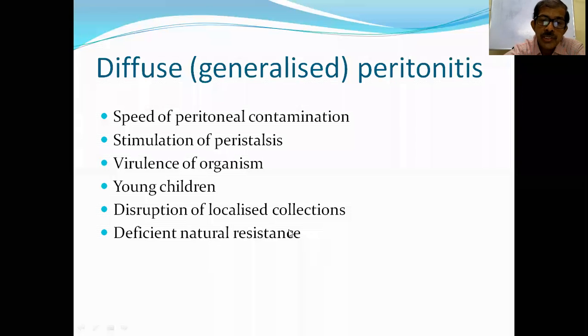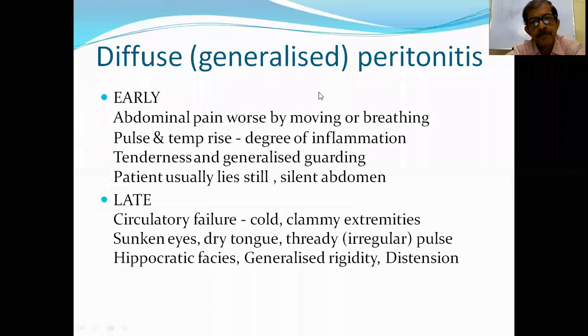So there is deficient natural resistance. So these are the causes for diffuse or generalized peritonitis. Mainly it is the speed, the virulence, children, and deficient natural resistance that will aid in diffuse peritonitis.